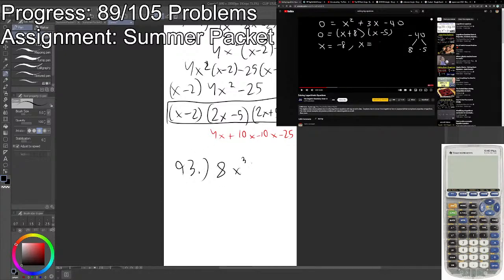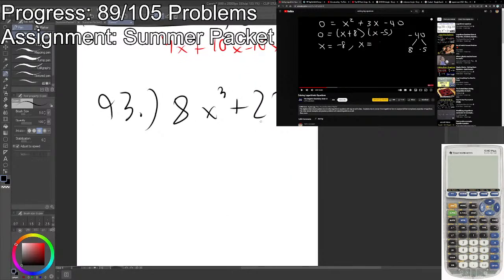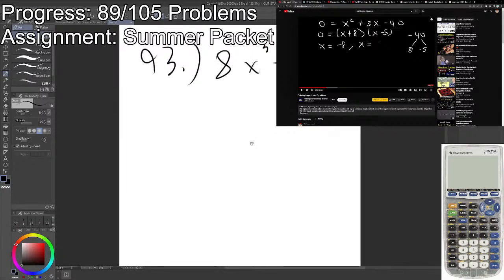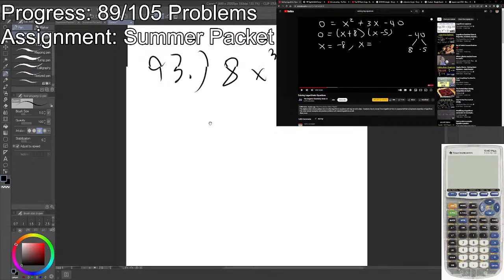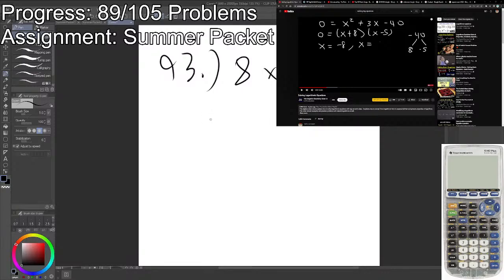Eight x cubed plus 27. Unless you get anything you can factor, like besides just doing it, I guess.